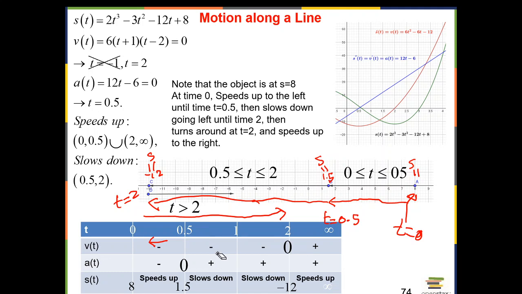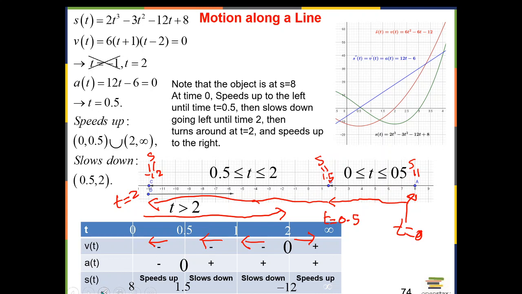Here is a slowing down to the left, because they have different signs, right? Acceleration and velocity. And here it does the same thing, slowing down to the left. But here it changes direction and is speeding up to the right, right? And we don't know what happens after that. We don't have data.